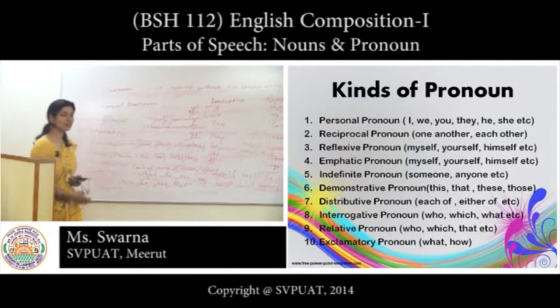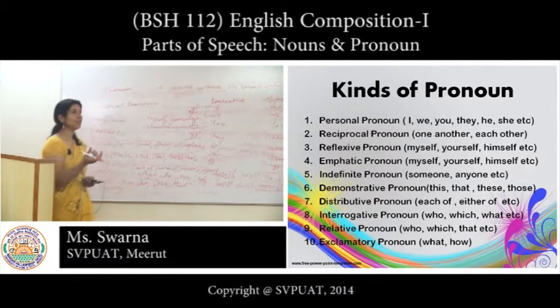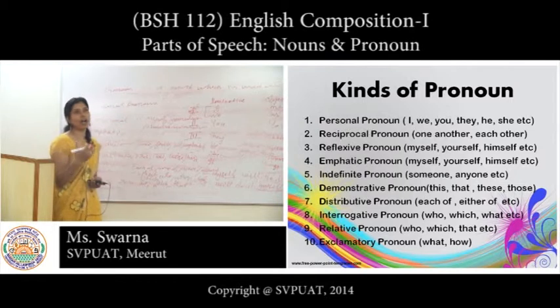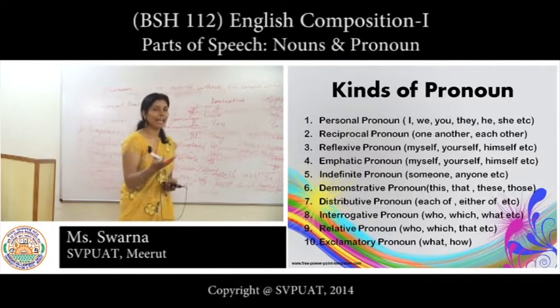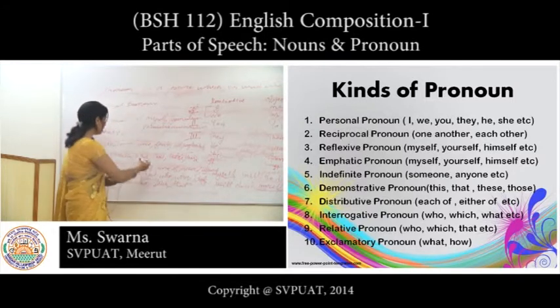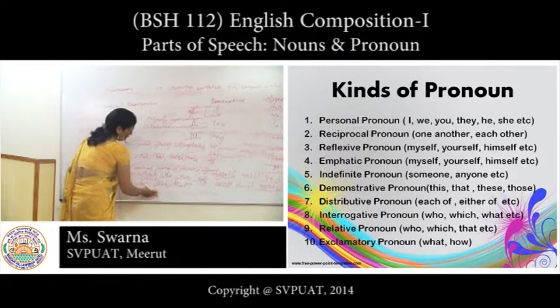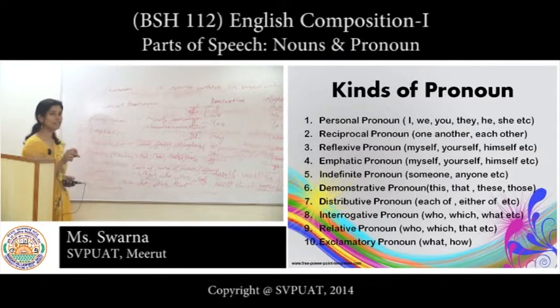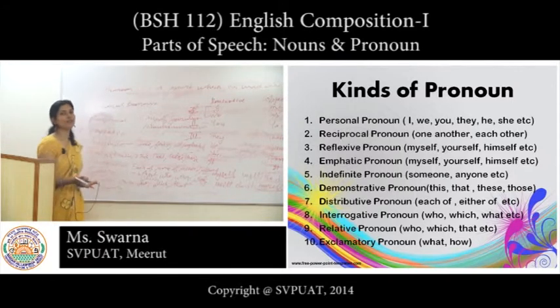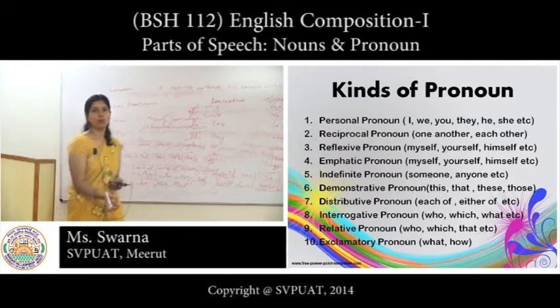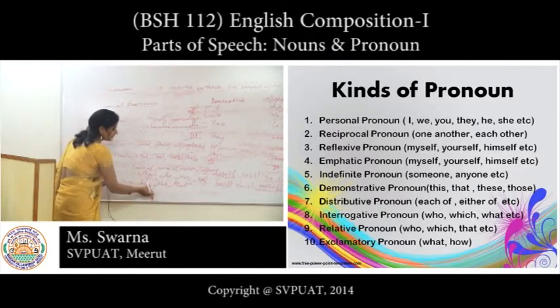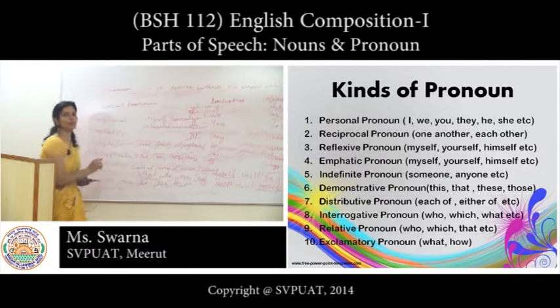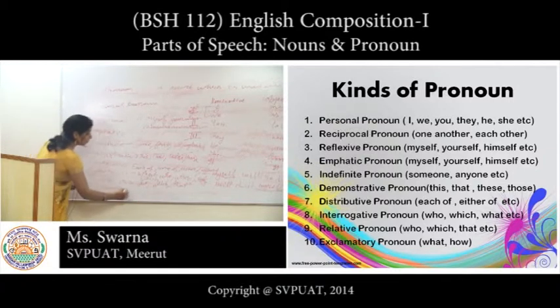So these are the question words which are used as relative pronoun. Like in the sentence, it's I, it's me, who is very active or intelligent, I have used who for I or me, so this word is used to relate the pronoun.